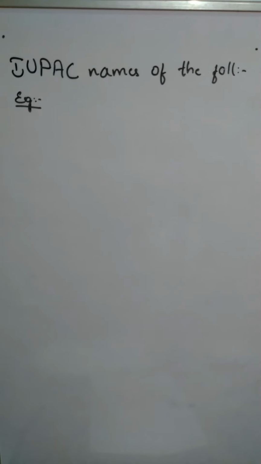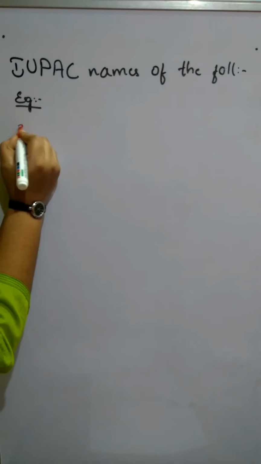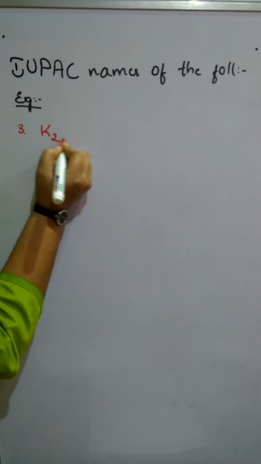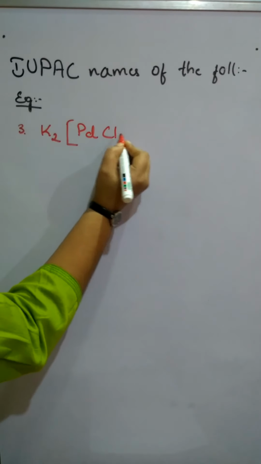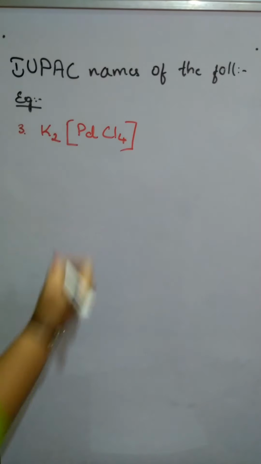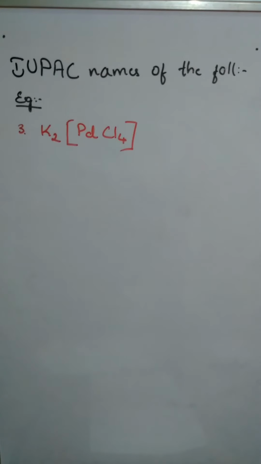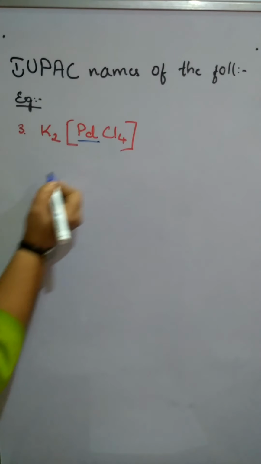We shall move on to the next example. So that is K2PdCl4. We shall calculate the oxidation state of the palladium.